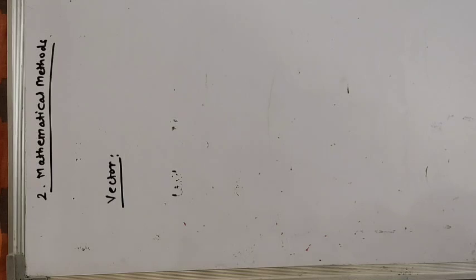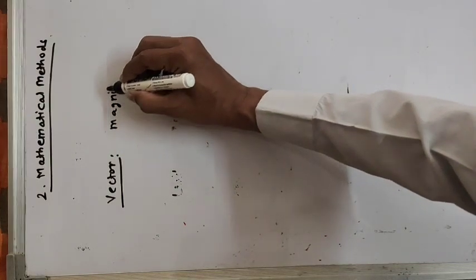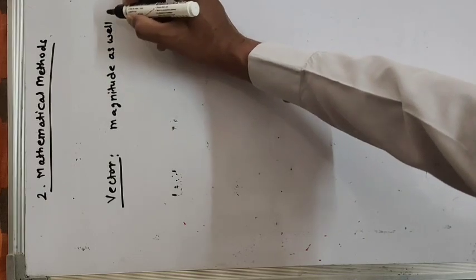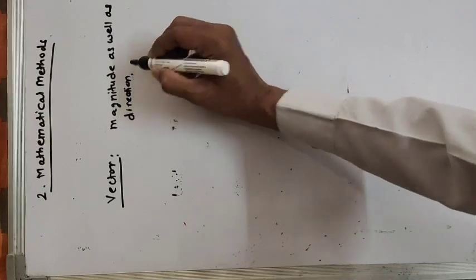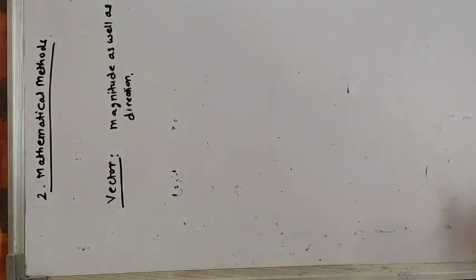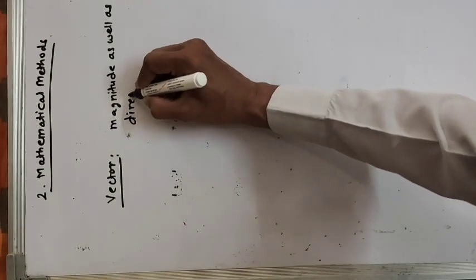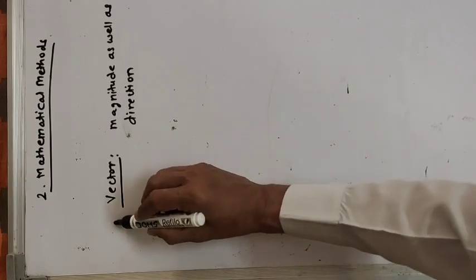Physical quantities which need magnitude as well as direction for their complete description are called vector quantities.